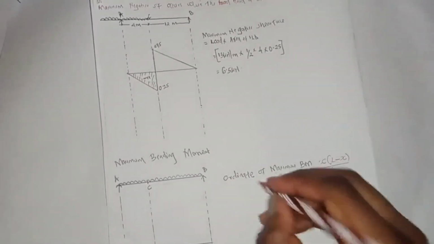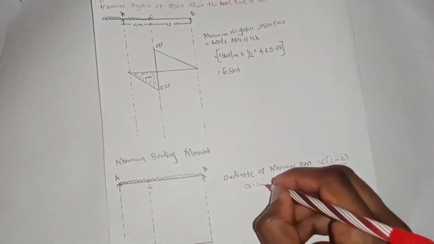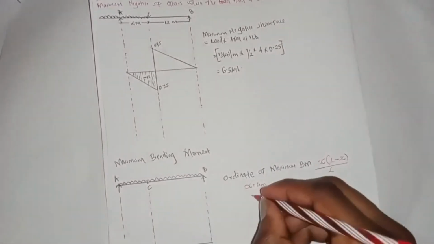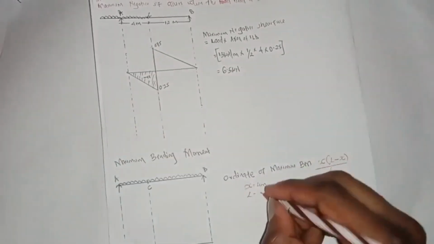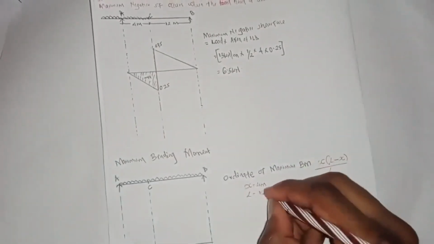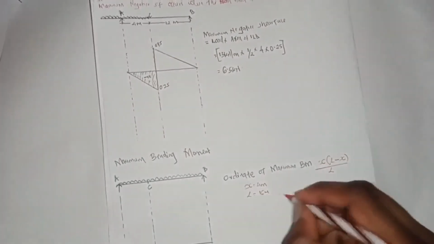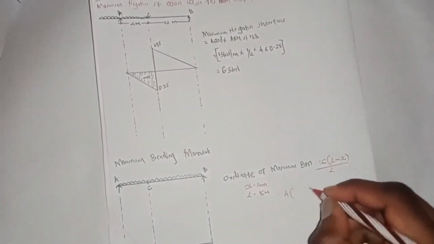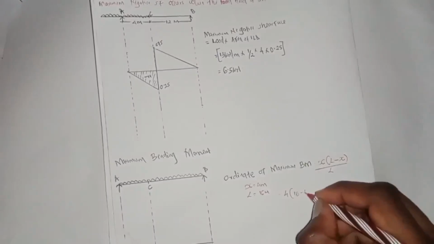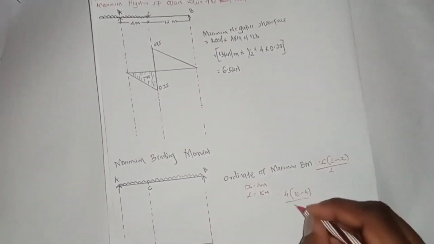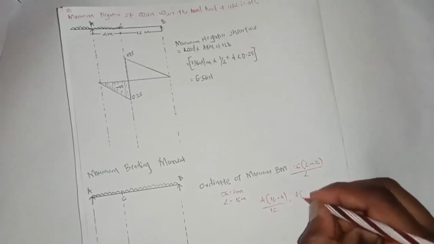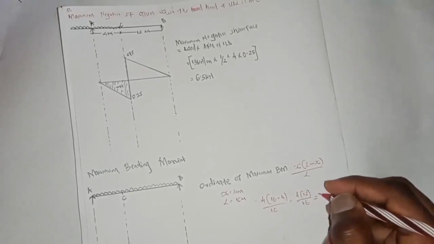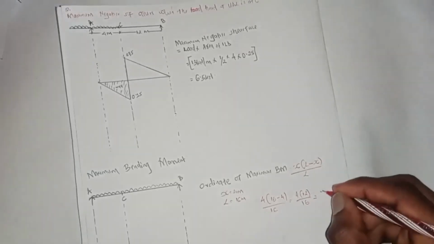So x is 4 meters and L equals the span of the beam, which is 16 meters. So it is 4 into 16 minus 4 all over 16. So it is 4 into 12 over 16, which is going to give us 3.